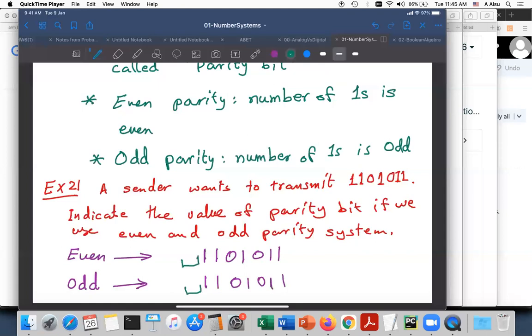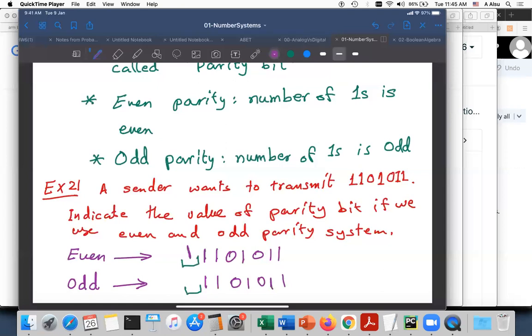So who can tell me what the extra bit should be in the even parity system, and why? Somebody is saying it's a 1. Why is that? Because we have an odd number of ones in the message, and if we turn on the parity bit, we get a total number of ones that is even, which is what we want.